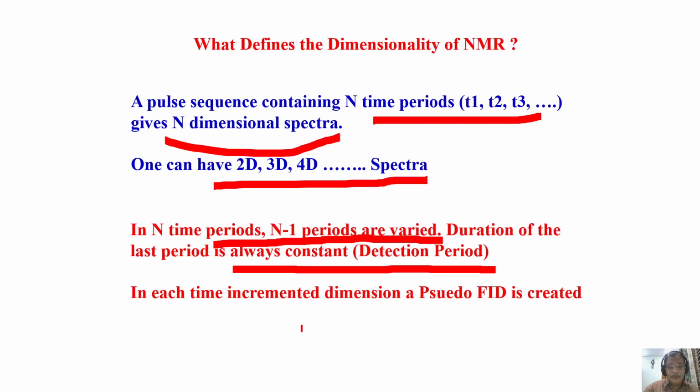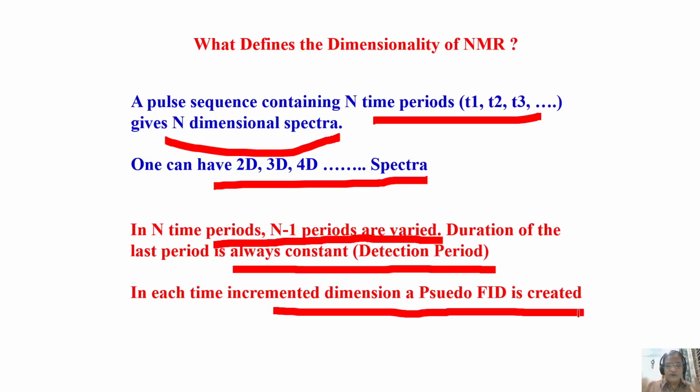And in each time period we have to increment the data to create a pseudo FID. Exactly what we did in the 2D I showed you. The free induction decay was created by systematically incrementing the T1 points. That is a pseudo FID.